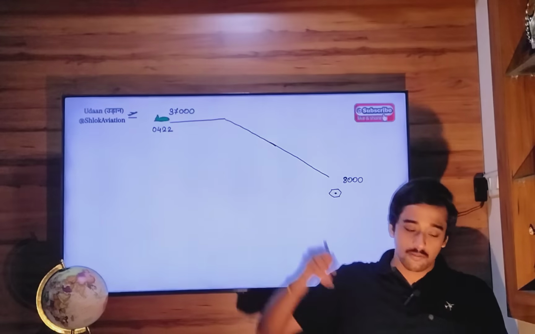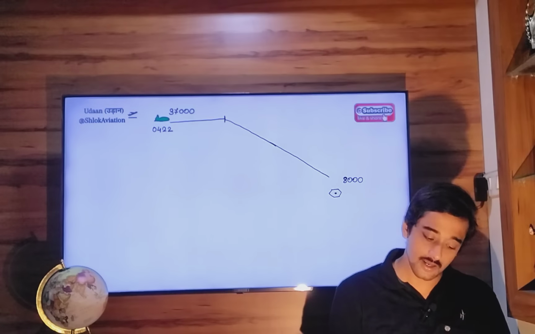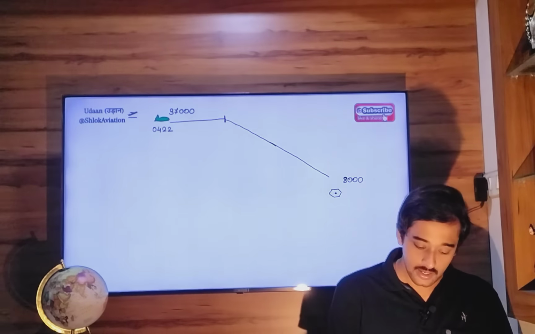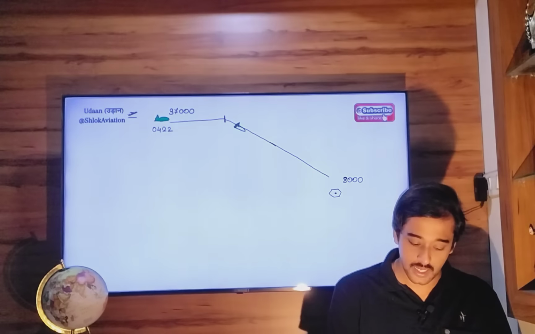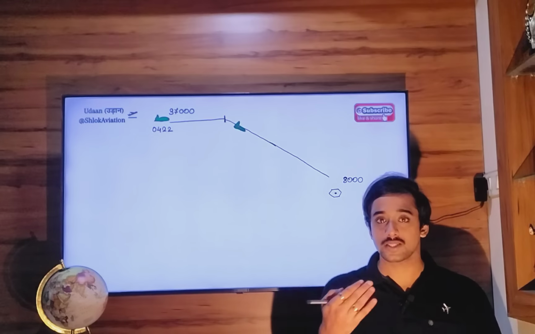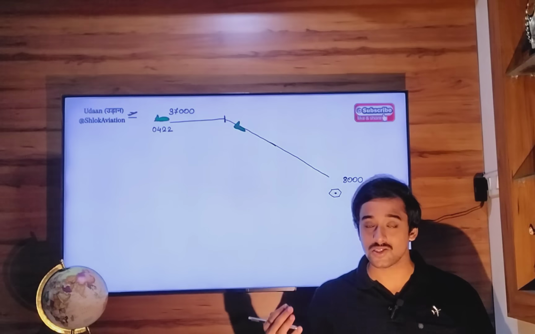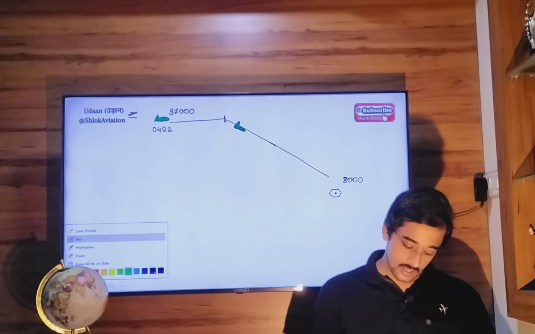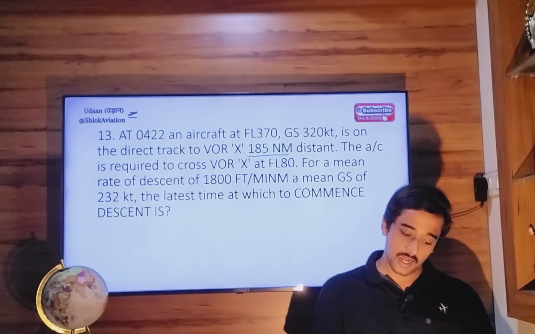So the point where your cruise ends is the point where your descent of aircraft begins. So we have to calculate the time when the cruise phase, the straight and level flight phase, ends and the descent phase starts.